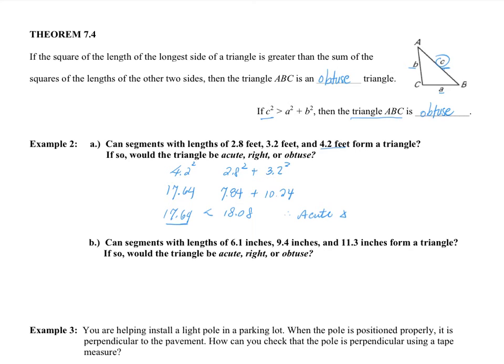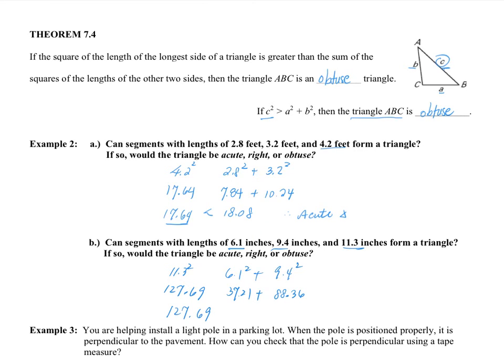Now for this next example here, I'm going to test 11.3 squared. And I'm going to do 6.1 squared, 9.4 squared. 11.3 squared is 127.69. 6.1 squared is 37.21. 9.4 squared is 88.36.